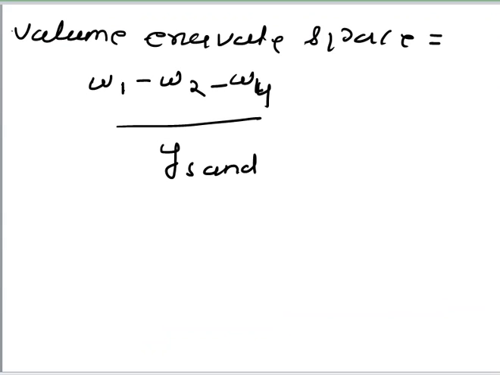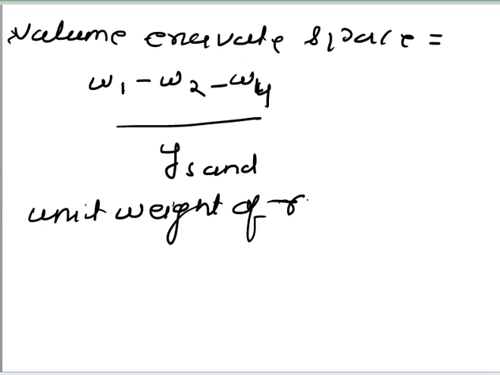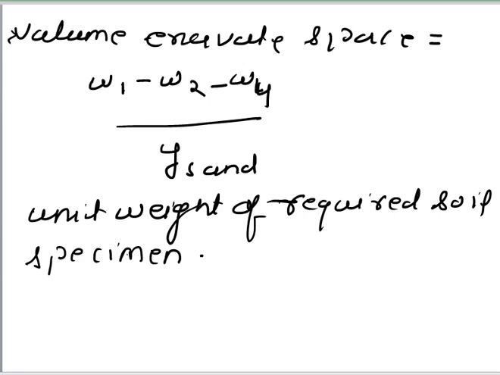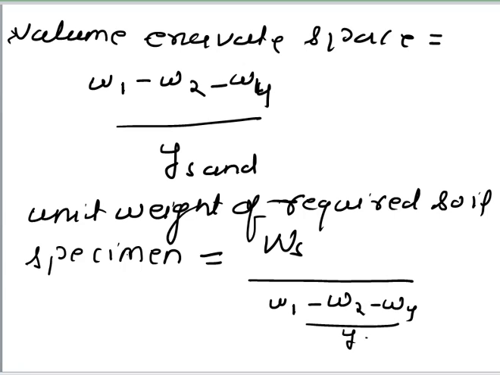Since we have got the volume of the excavated space, the unit weight of the required soil specimen will be the weight of soil which we have measured already, divided over the volume of excavated space which we have calculated in the second stage, W2 minus W4 over gamma sand, and we already computed gamma sand in the first stage.